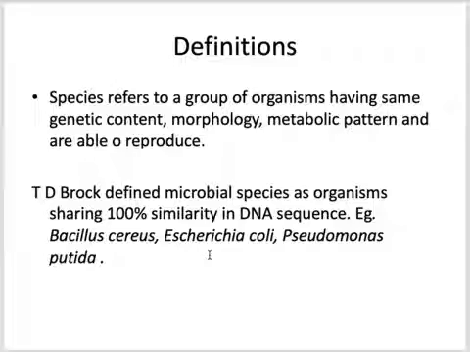Although T.D. Brock defined it this way, in reality even two members of the same species don't have 100% similarity in their DNA sequence. For example, you and I both are human and belong to the same species, but still we don't have 100% similarity in our DNA.